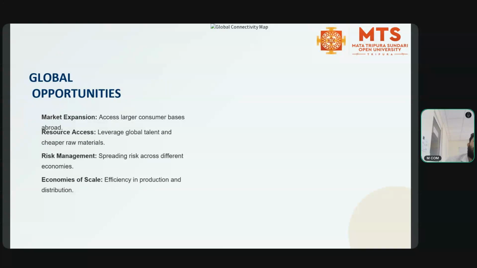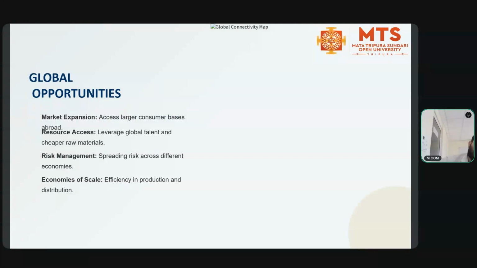First, market expansion, your market will be bigger. Resource access, you can have resources of other companies if they are available cheaply. Risk management, while we are concentrated only in one market, there will be more than one market.